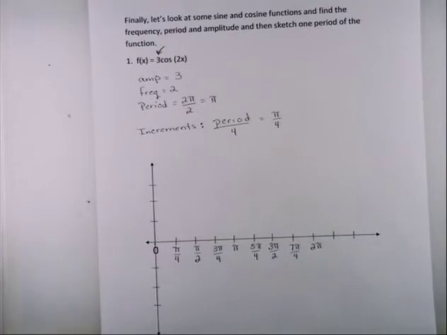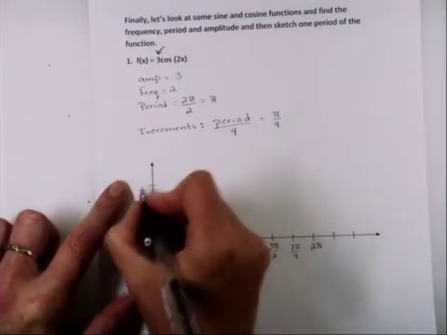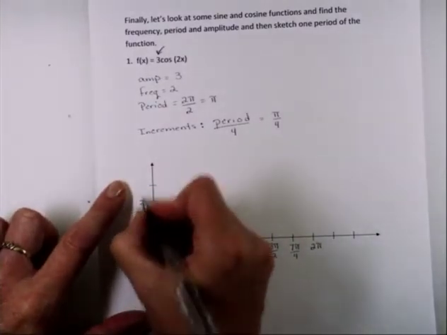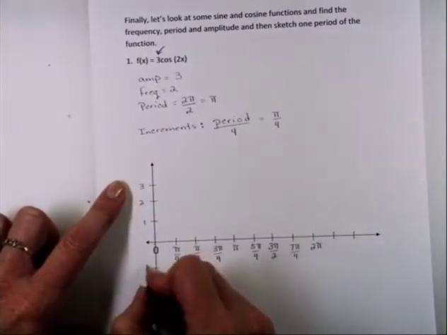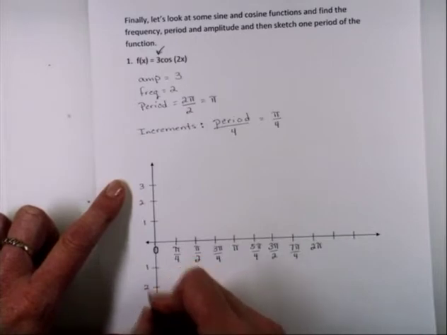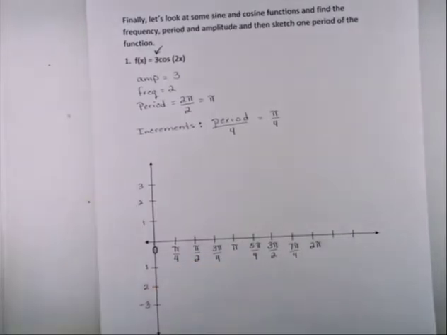Okay, that'll give me 2 complete cycles. All right, my amplitude is 3, so I have to be sure that I can get up to 3 and down below the horizontal to -3.